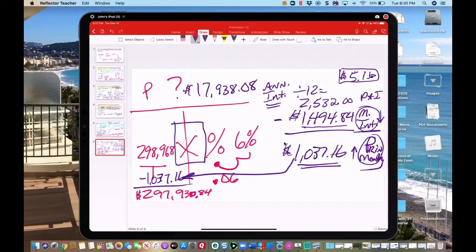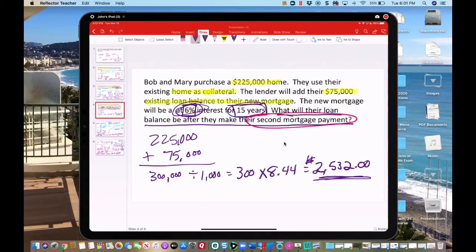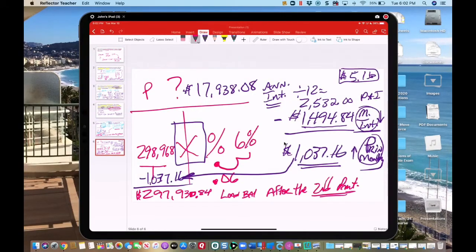But this is your loan balance after the second payment. And so that's what they wanted us to calculate here. What's the mortgage after the second mortgage payment's made? Well, this is your answer right here: $297,930.84.